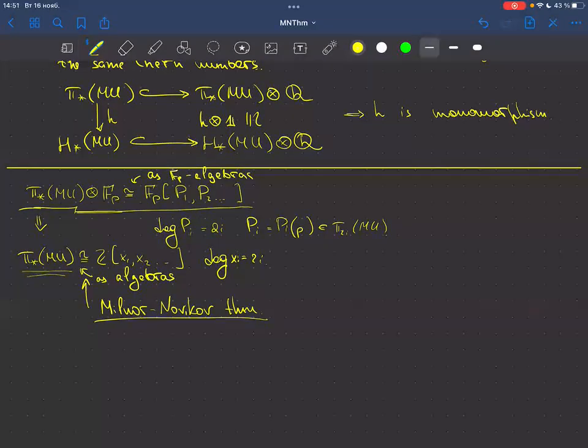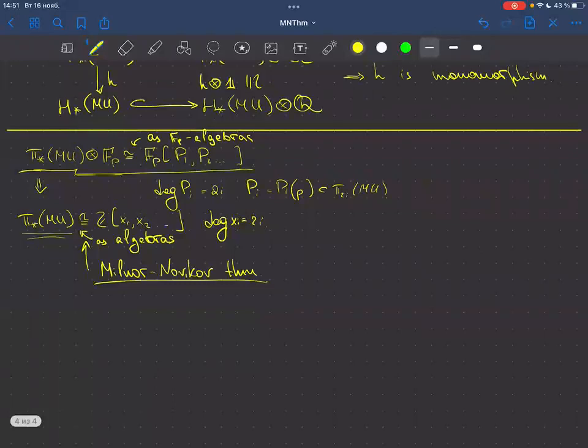Great. So let's try to prove this isomorphism.